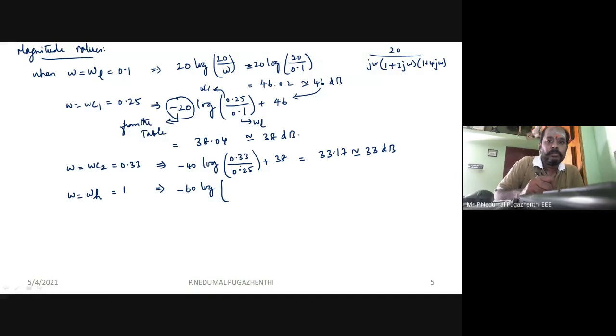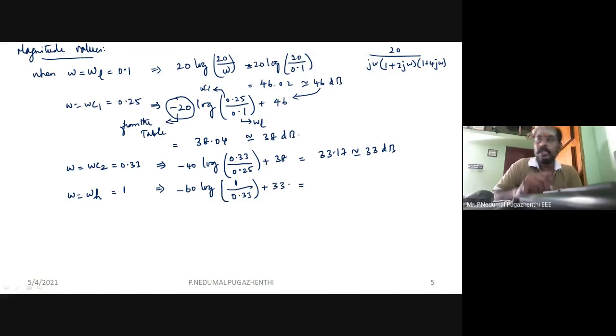You should have 1, the current omega value. What should be there in the denominator? It should be the previous omega value. What is the previous omega value? 0.33, plus the previous magnitude value, 33.